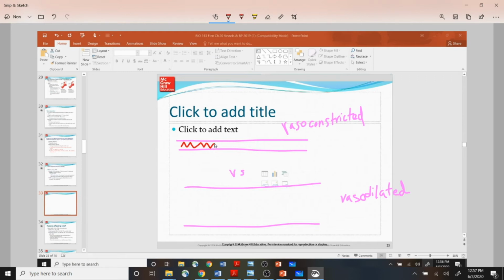It's going to encounter more resistance as it's moving from point A to point B. Now that doesn't mean it's going to stop, but when we say it encounters more resistance, we say there's more peripheral resistance. If we look at all of the vasoconstricted arteries that might be happening in our body at one time, there's more than just one blood vessel, so let's call it total peripheral resistance, okay?